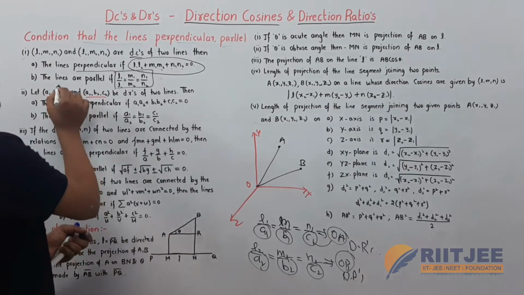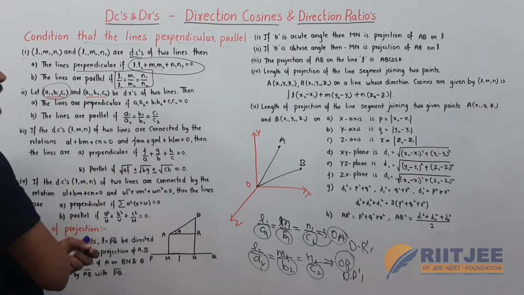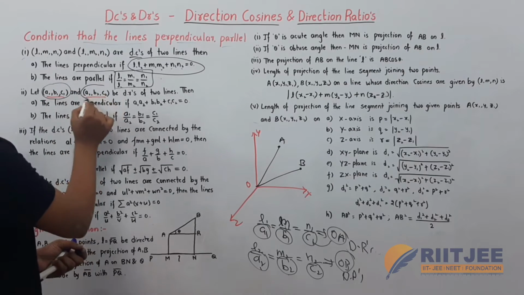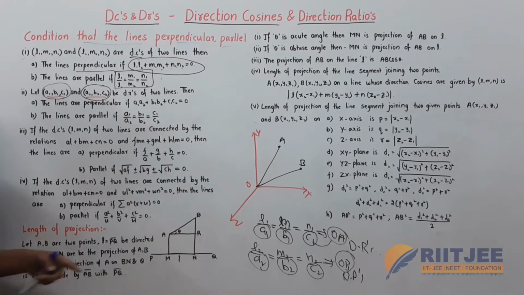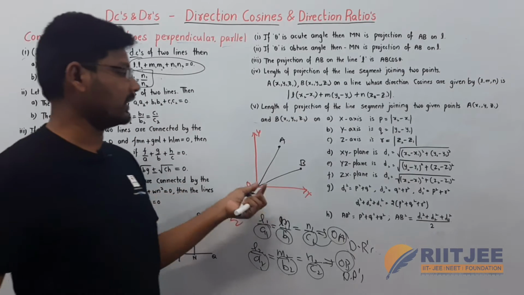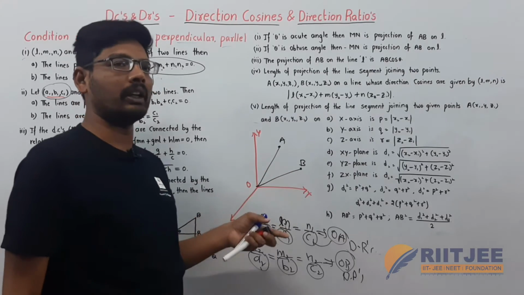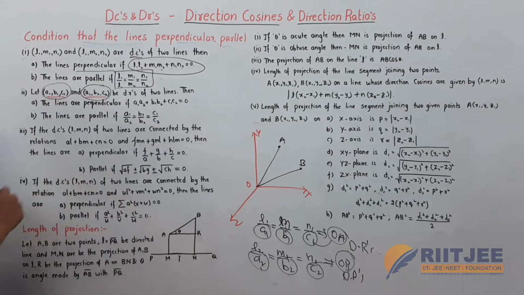Here we have the direction ratios of line OA and the direction ratios of line OB. For these two lines, if we get the direction ratios of OA and OB, then we have two conditions: the first is that the lines are perpendicular, and the second is that the lines are parallel.